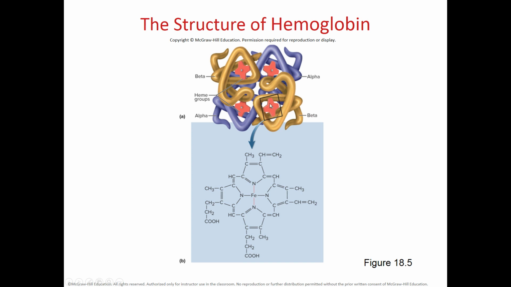If you magnify these heme groups and look at the chemical structure, you will see these rings made out of chemical components, but in the center of this heme group you have this iron, and this iron is going to combine with oxygen.